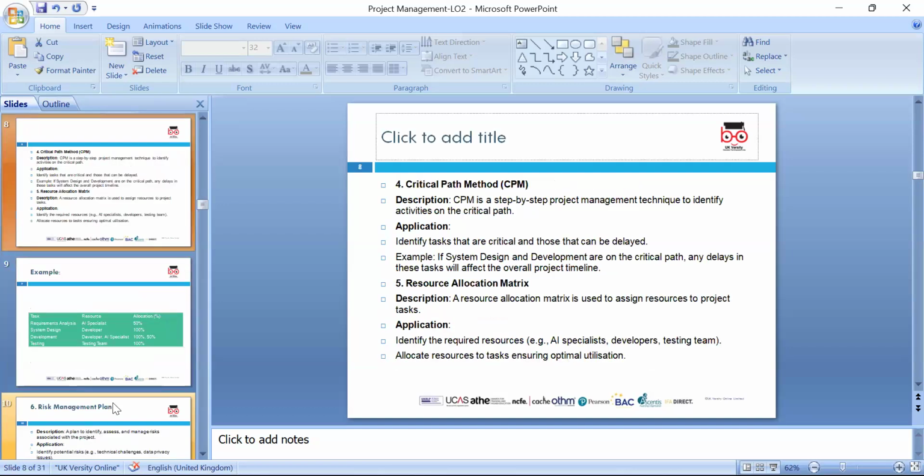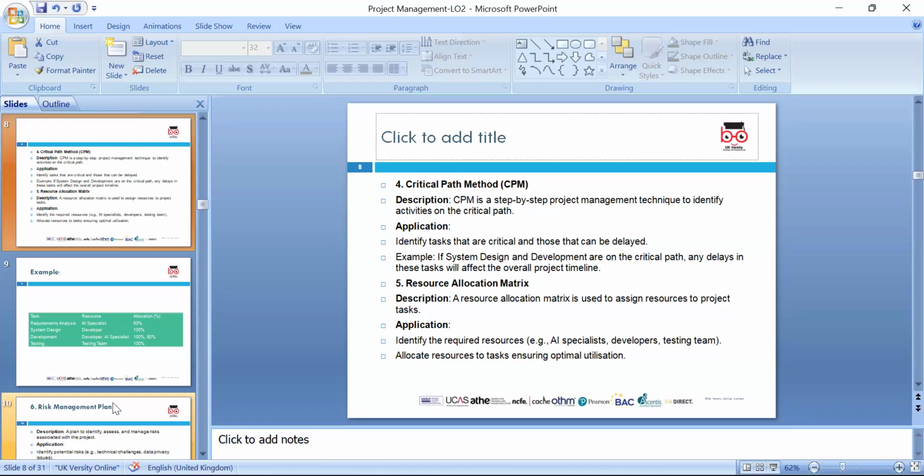Critical path analysis is a step-by-step project technique to identify the activities on the critical path, identify the tasks that are critical, and see whether system design and development are on the critical path. These are very crucial for project managers.